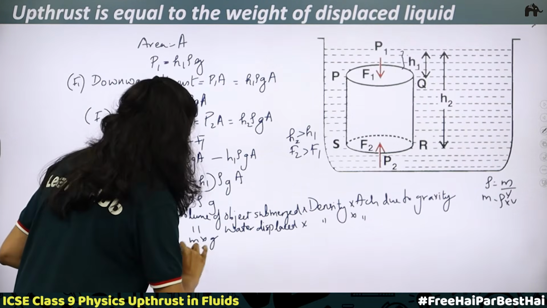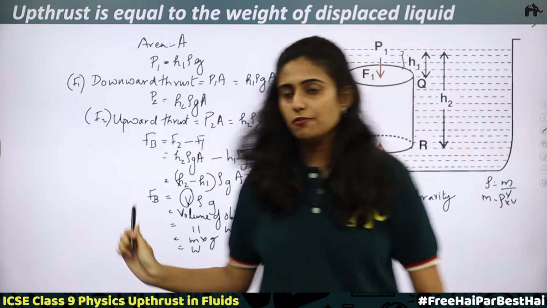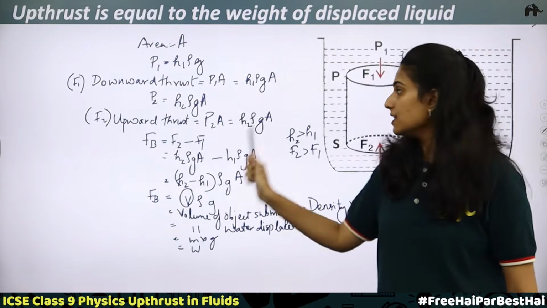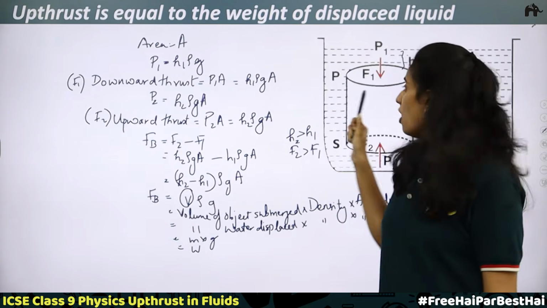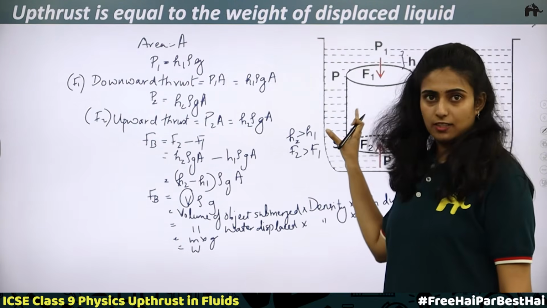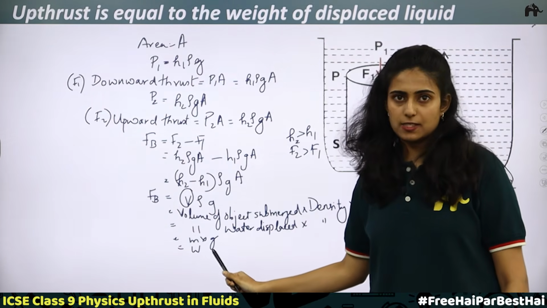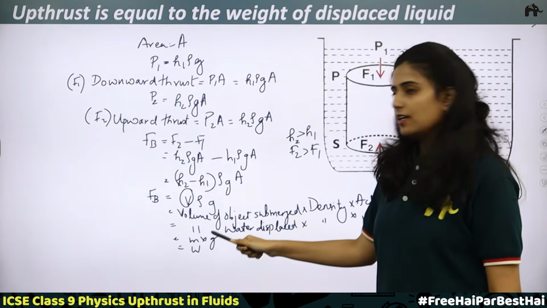Therefore, this is how you get the buoyant force equal to the weight. The buoyant force, the upward force that is exerted by the fluid on the object, will be equal to the weight of the liquid that is being displaced. This is how you derive this.